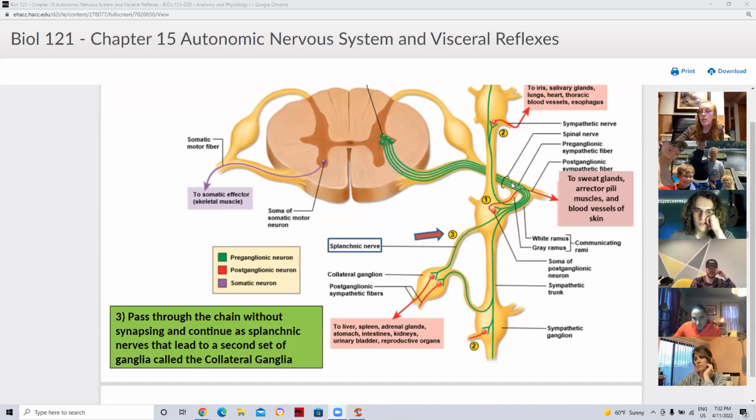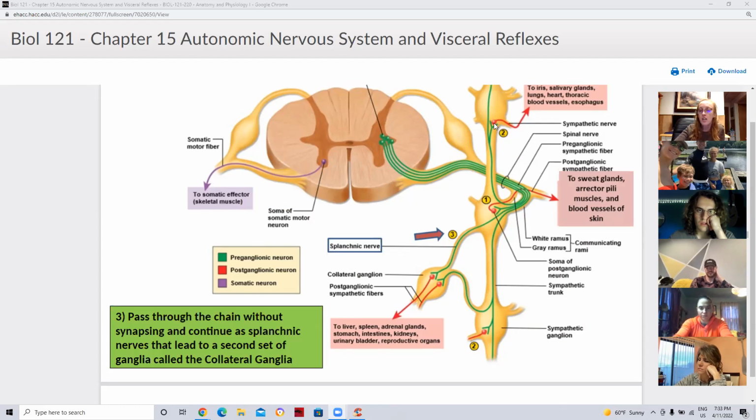So, three different pathways. They can immediately enter the anterior horn, come out, enter the sympathetic chain, and immediately synapse with a postganglionic neuron. The second pathway is they can move up and down the chain and synapse at a different level with another postganglionic neuron.